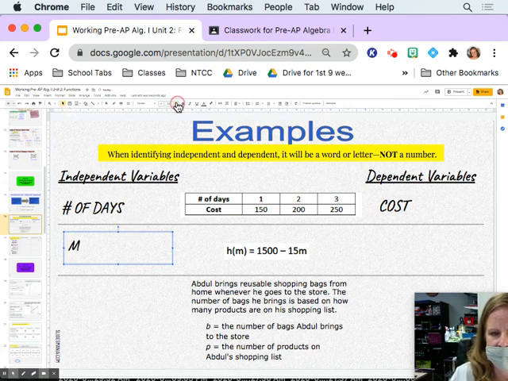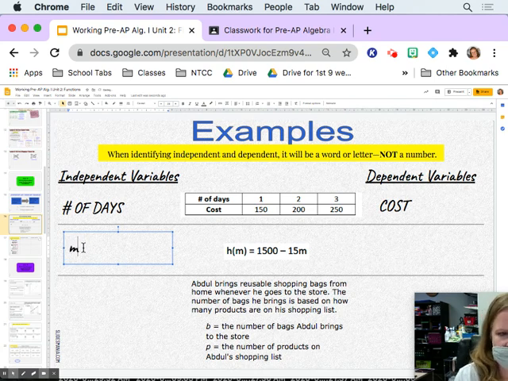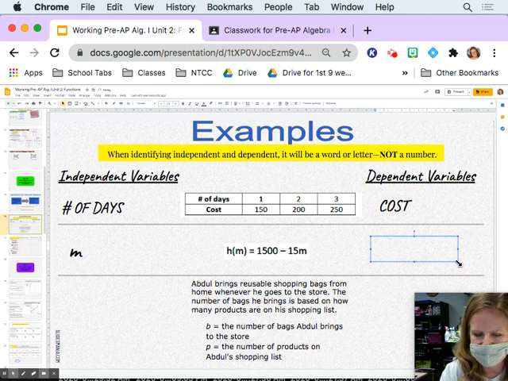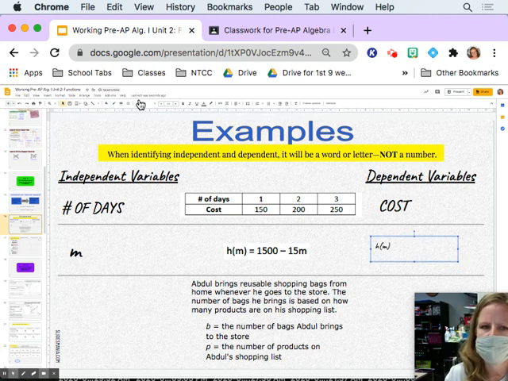What do y'all think m represents? Money. Money? Okay. I'm going to do a lowercase m. I don't know why I have uppercase. There we go. And then our dependent is h of m. Whatever that is.